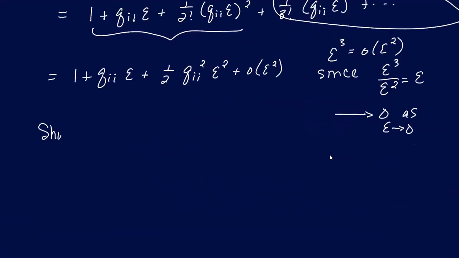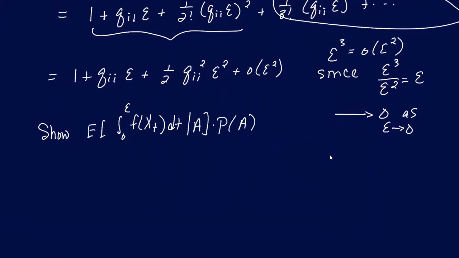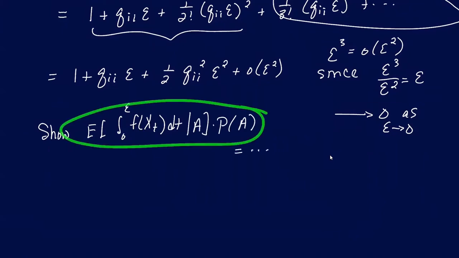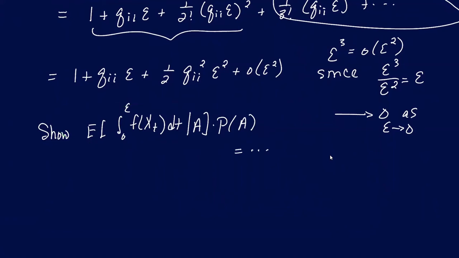We want to take this and we want to show something about an expectation here. So this is what we want to look at, and we want to show that it's equal to a given thing, which I think is going to kind of pop out naturally given what we have for the probability.